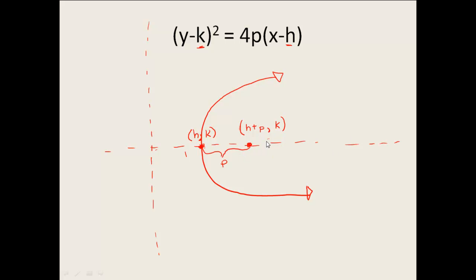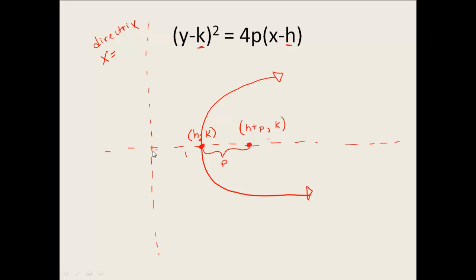Now let's go and look at the directrix. That's the vertical dotted line I have here. Now our directrix, since this is a sideways parabola, is a vertical line, so it's going to be an x equals. Now we have to think about, how do I get from my vertex to my directrix? Because we always reference our vertex.